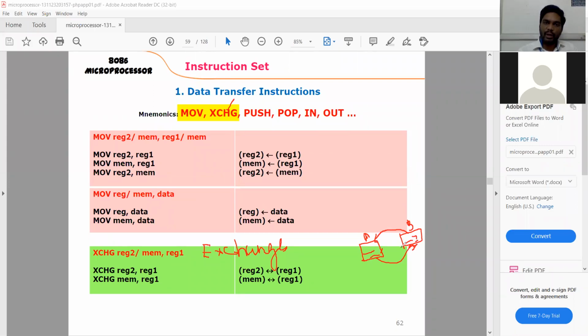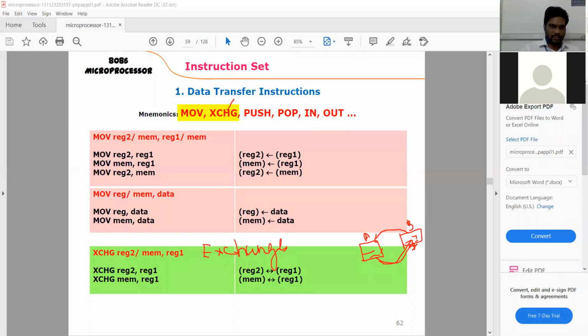When one container is empty, that is not treated as exchange. That is just treated as movement of data, just copying of data to another place. So exchanging is done between a register and a memory location, or a memory location and a register, which have data in them.